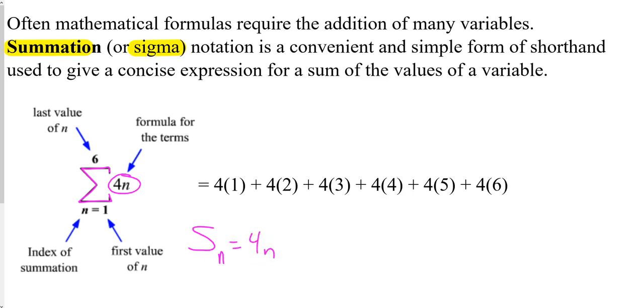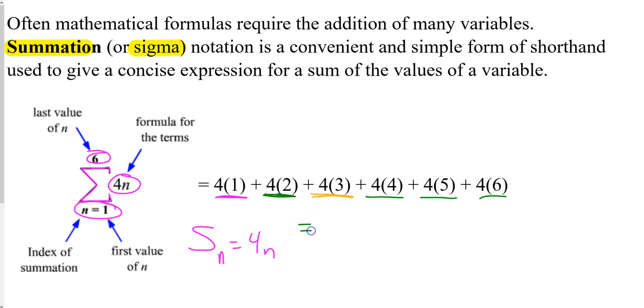And we want to find from 1 through 6. So we're going to start at 1 and go all the way through 6, and then add those answers up. So we can see when I plug in 1, I'd have 4 times 1. When I plug in 2, I'd have 4 times 2. When I plug in 3, 4 times 3, and then so on and so forth to get 6.